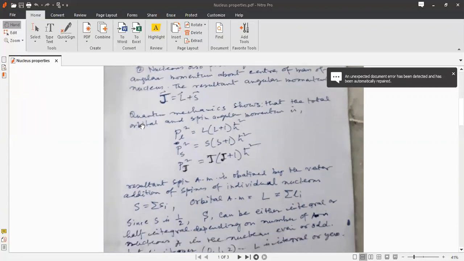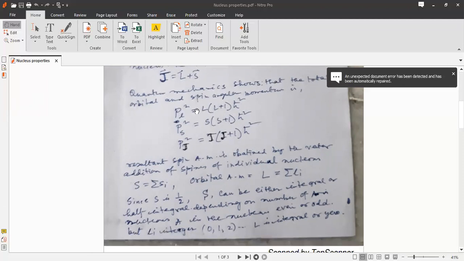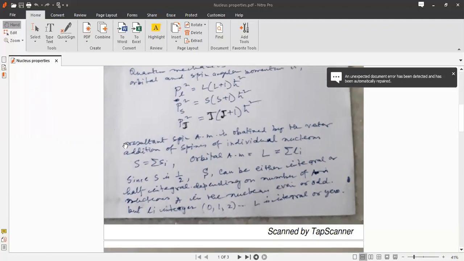Now, according to the prescription of quantum mechanics, the total spin angular momentum can be represented by this, and this is very well known to you, nothing new about it. When we come to the case of our nucleus, the resultant spin angular momentum will be obtained by the vector addition of the spins of the individual nucleons.